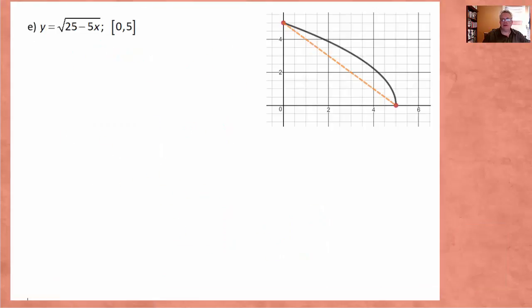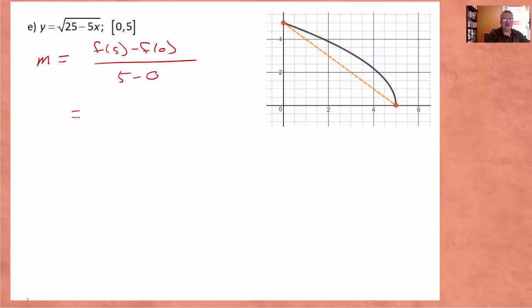All right, time for our last one. Again, we should be able to do these by hand, but the TI-89 makes this kind of easy. For this function, we want to find the point where the derivative is equal to the slope of the orange line. So we start by finding the slope: m equals f of 5 minus f of 0, over 5 minus 0.